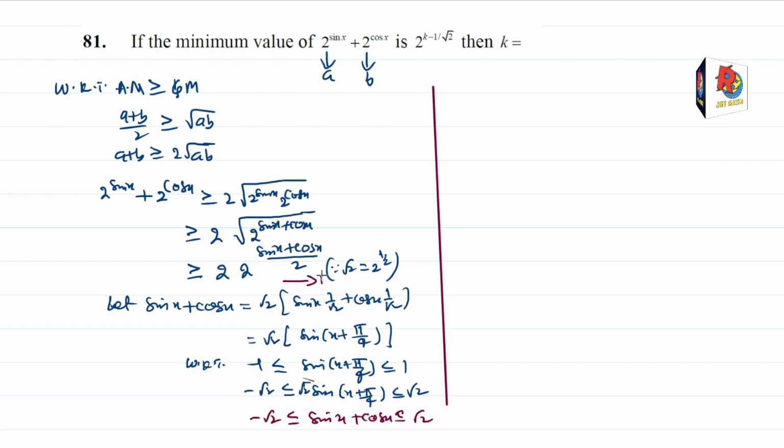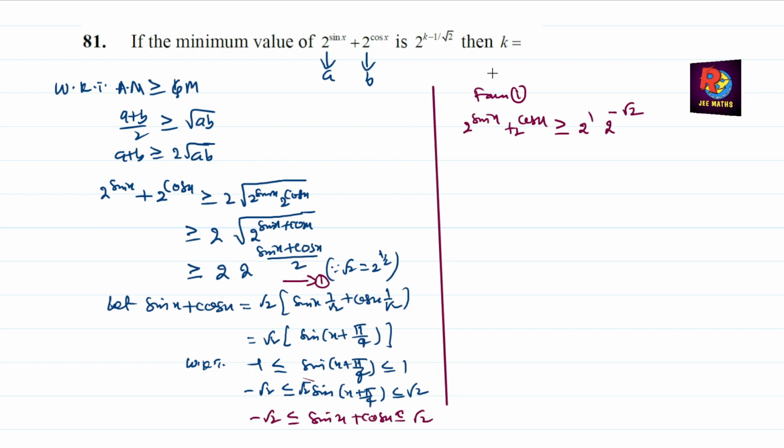Now from here, again from 1, I can write 2 power sin x plus 2 power cos x is greater than or equal to 2 power 1, like that only. The minimum value is 2 power minus root 2. Minus root 2 by 2 is already there, that will be as it is. There is no issue about that one. So it is greater than or equal to 2 power 1, this root 2 in this root 2 times cancel.